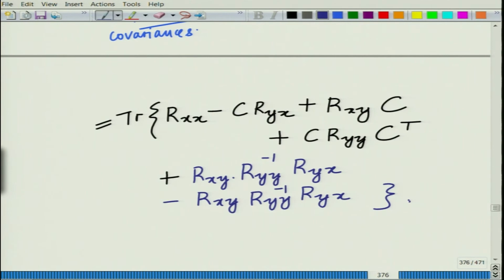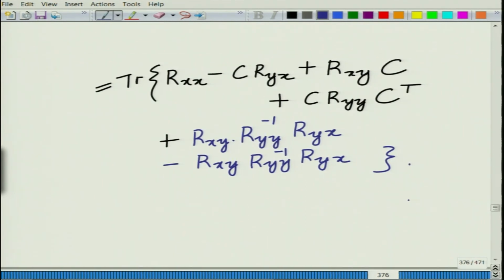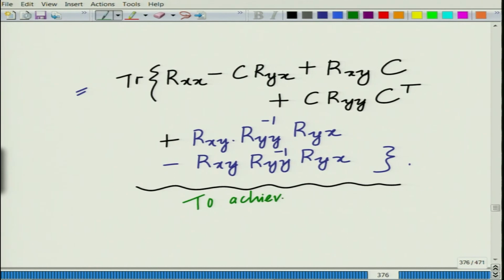So, I will add and subtract these terms, and now I have to minimize this whole quantity to achieve the LMMSE estimator.